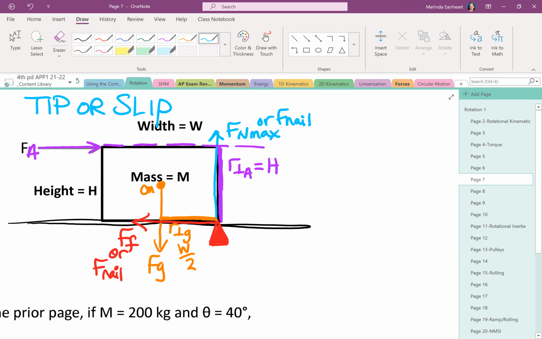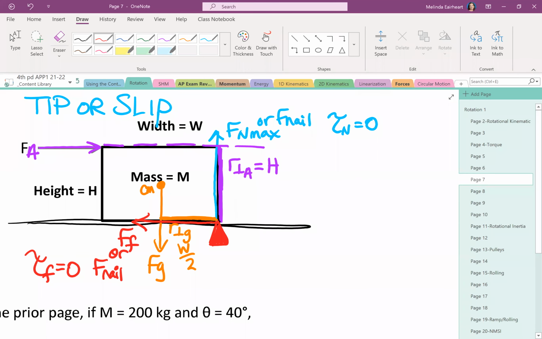Either way you look at it, a nail having an upward and leftward force, or you've got a normal and frictional force, both of those forces have what kind of torque? No torque. And so the torque of your nail normal is 0, and the torque of your friction or nail in the horizontal is 0. Because they both happen at the fulcrum. They both pass through the hinge. No torque, no lever arm.